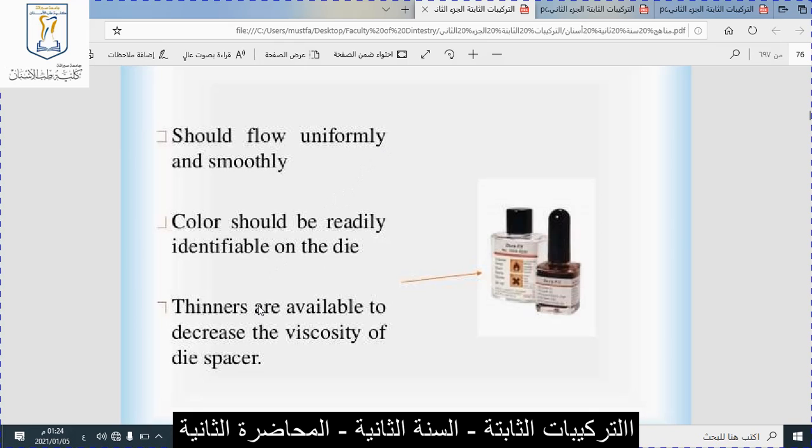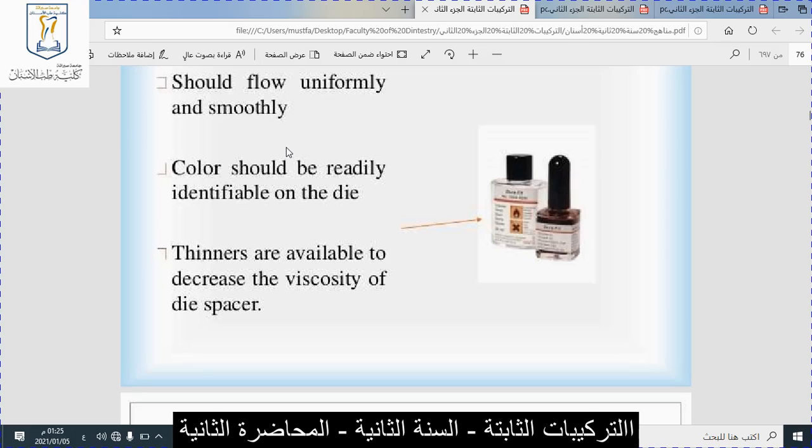If we apply, for example, die spacer onto the margin, in the future there will be dissolution of the cement, and we will have an open margin. So to prevent this open margin and to make good adaptation around the margin, we have to keep the die spacer 0.5 to 1 millimeter away from the margin.